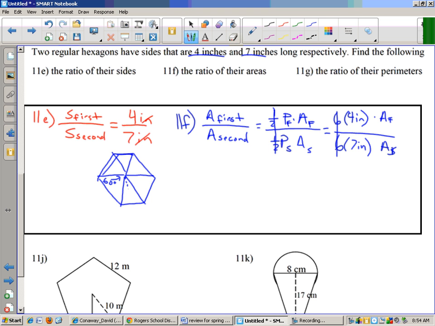That means that if I cut it in half and pull this triangle out, then I have a 30, 60, 90 right triangle. And the only thing I know about these triangles is they've got some side length. In one case, it's 4. In the other case, it's 7. So this is going to be half of whatever that side length is.